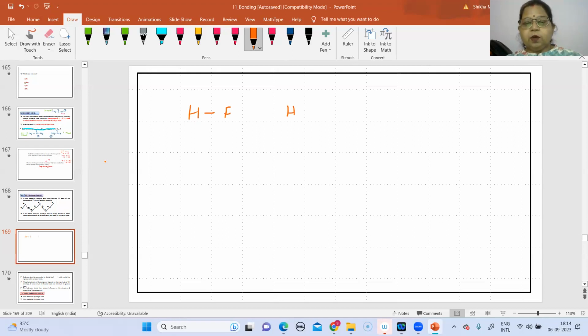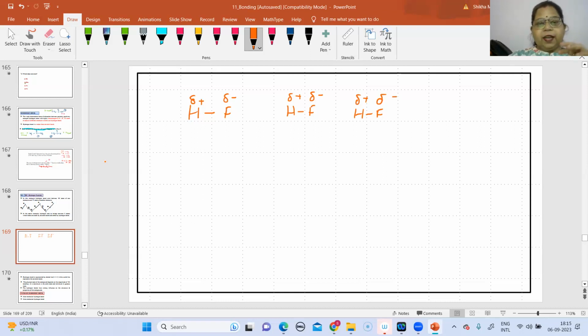This is another molecule of HF. There can be many molecules of HF. We understand electronegativity of fluorine is very high as compared to hydrogen. So this will acquire a partial negative, and this will acquire a partial positive charge. Similarly, this will acquire a partial positive, partial negative, partial positive, partial negative.